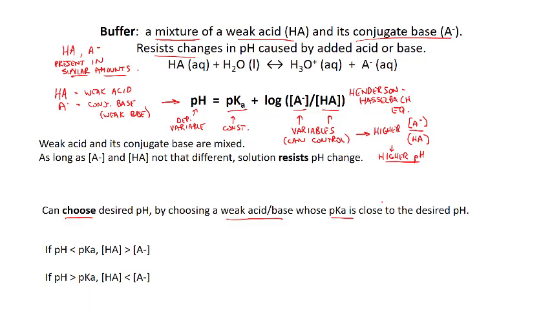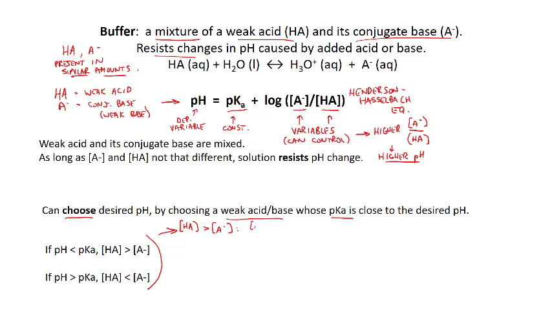So there's something that's worth noticing right here, and that's what's down here at the bottom. If you're in a situation where the concentration of conjugate acid is greater than the concentration of conjugate base, what does that mean?